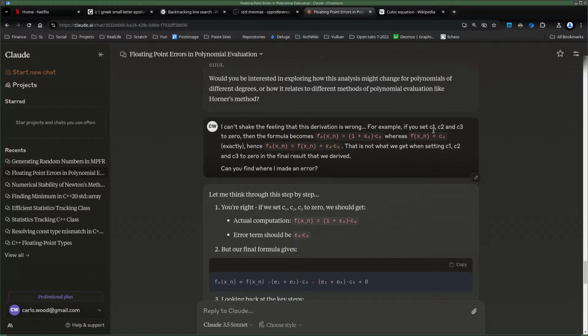Oh wait, this is what you get if you set C1, C2 and C3 to 0 as well. In which case C0 is equal to the f of xn. So yes, ta-da.